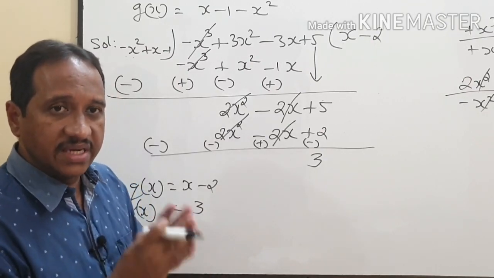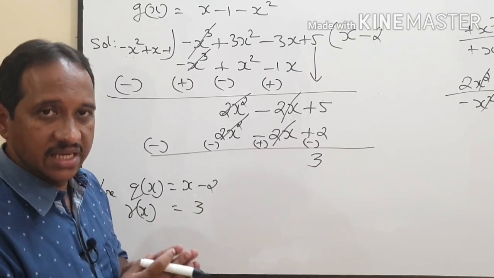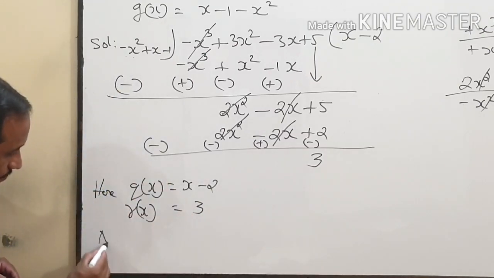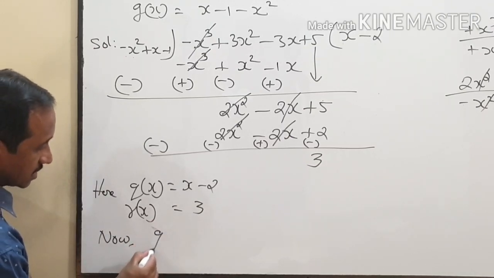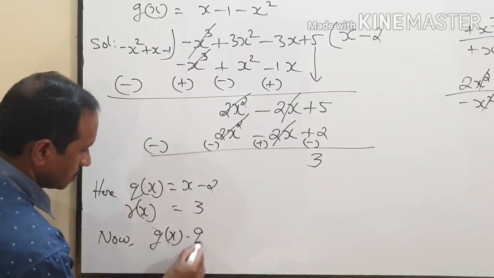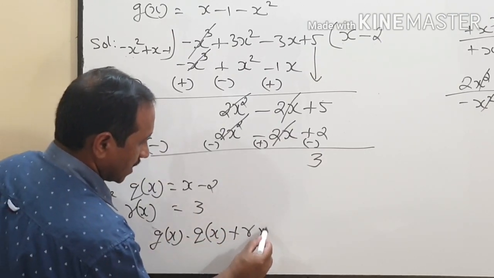The next step is to verify the division algorithm. For that, we take the RHS of the division algorithm statement, that is g of x into q of x plus r of x.